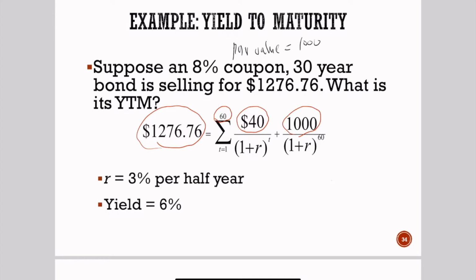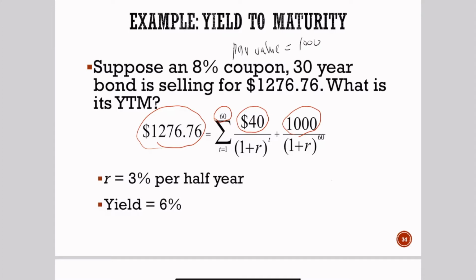Again, you have to be careful with these numbers, because here we are assuming this is a semi-annual coupon payment. So even if the annual coupon payment is $80, you can only use 40 as this per period payment, and accordingly you have to adjust 30 years into 60 periods, because again it's semi-annual.